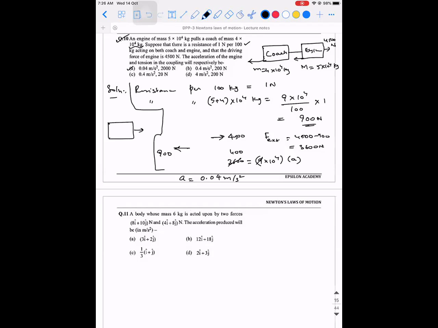So if you take the coach, tension is acting in this direction. There is some resistive force acting in this direction. And the coach is also having an acceleration of 0.04 meter per second square. So T minus R is equal to mass of the coach into a. Can I write it like this? So T minus, what is the resistive force experienced by the coach?